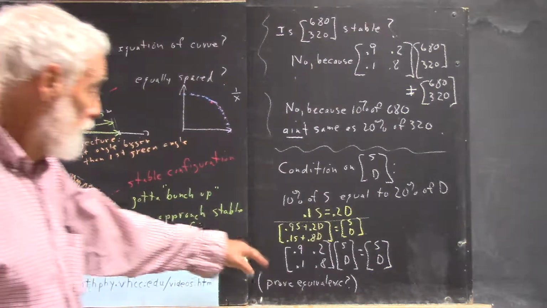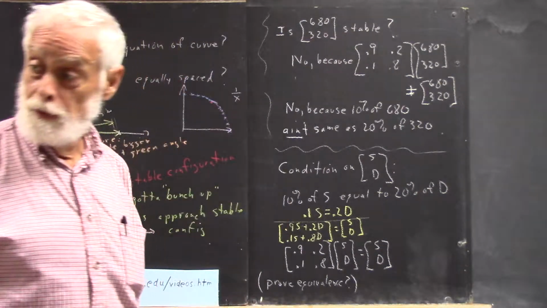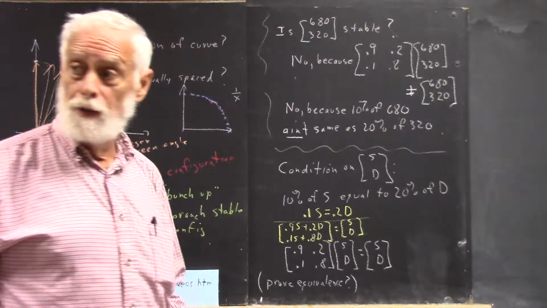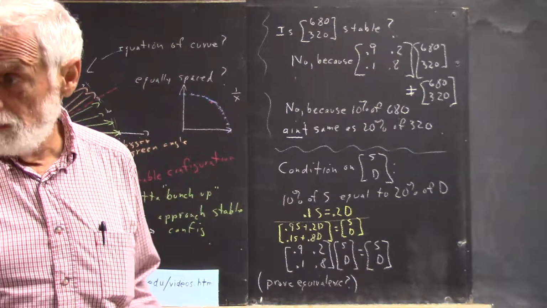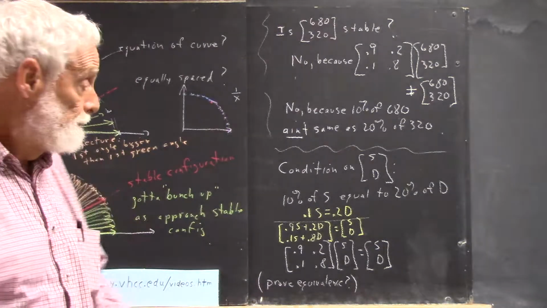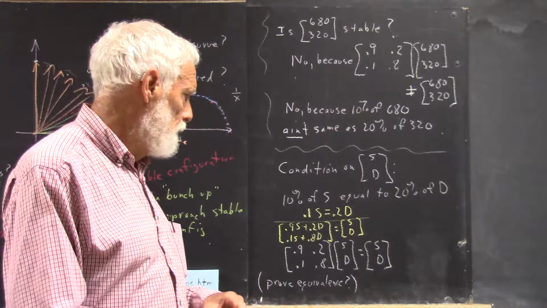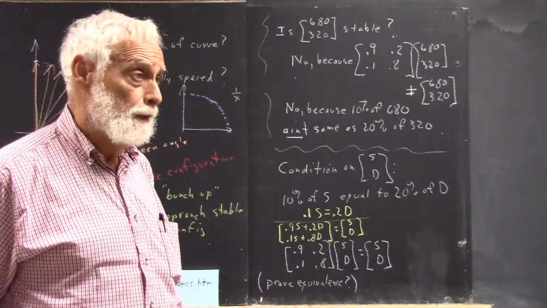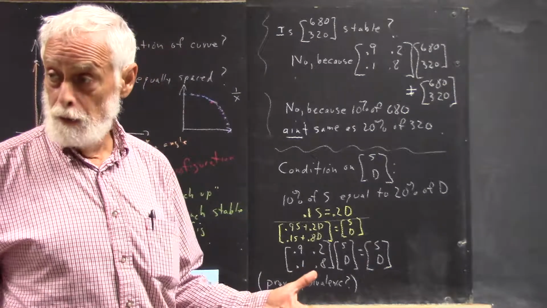So this condition tells you this condition. Now we've got both of these conditions in succinct mathematical notation, more or less succinct. And we want to see if these conditions are totally equivalent. Maybe prove that they're totally equivalent.